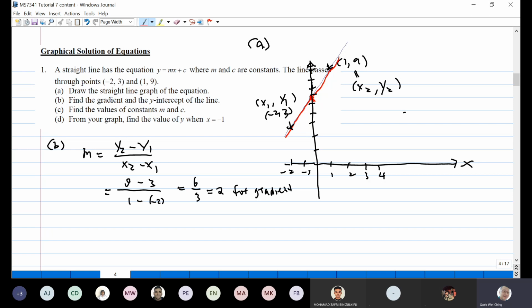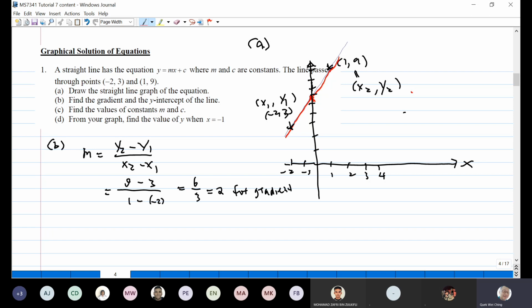Then how do you find the y-intercept? The y-intercept is the point where the straight line cuts the y-axis, right? My diagram is not very accurate because my drawing skill is not very accurate. So 1, 2, 3, 4, 5, 6, about 6 here. So the y-intercept is where we cut the y-axis here.